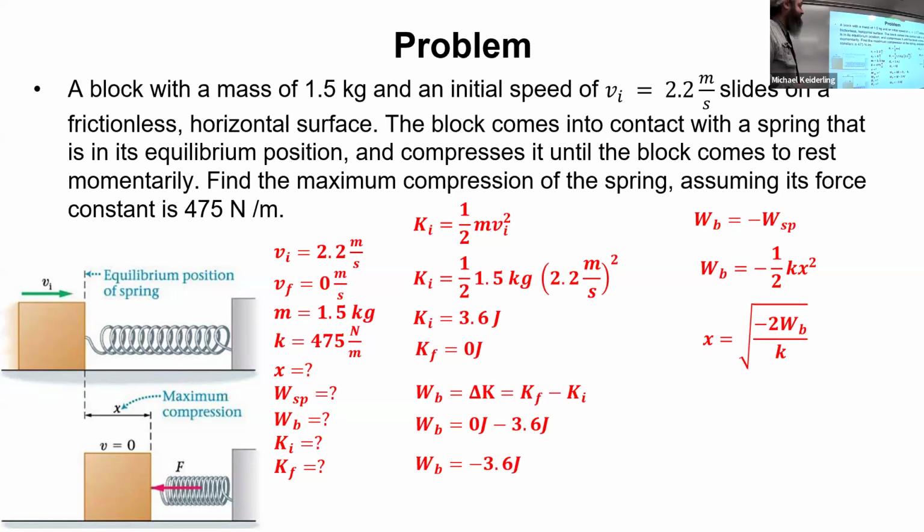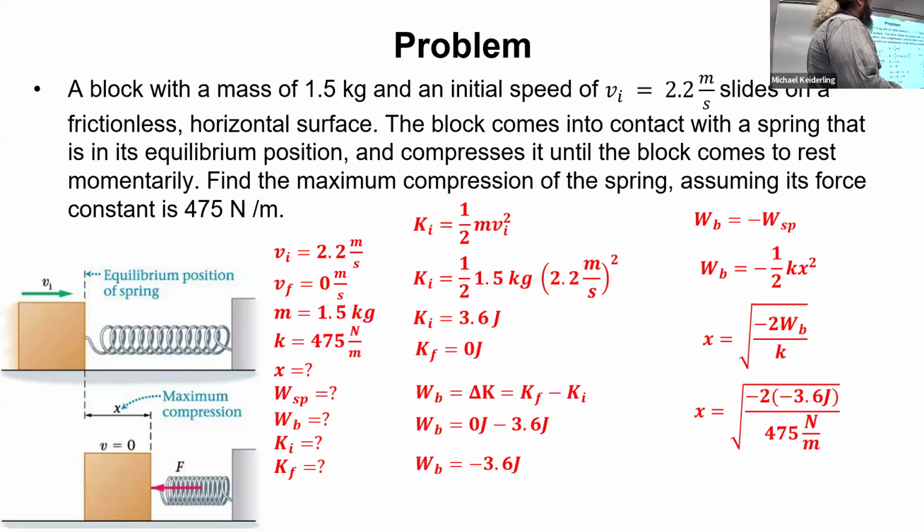So if we solve for x, it will be the square root of minus 2 times the work done on the block over k. So minus 2 times minus 3.6 joules over 475 newtons per meter, square root, which gives us an x of plus or minus 0.12 meters, or 0.12 meters is what we're interested in.